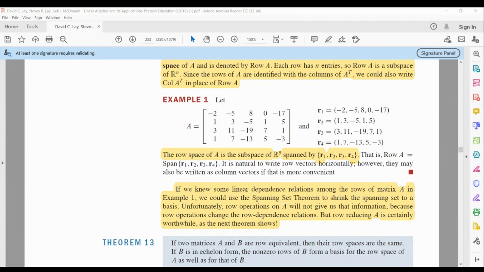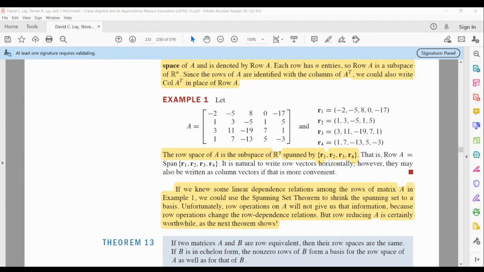Well, the pivot columns of the reduced matrix would correspond to the column vectors of the matrix A that are going to be the basis for the column space of A.